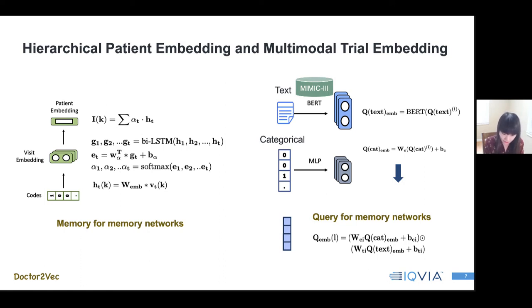One is the free text, the unstructured text. We encode them using BERT. And the second one is the categorical features for clinical trials. Because they are low dimensional, we simply encode them using an MLP and concatenate the 2 parts to become the query for the memory network.